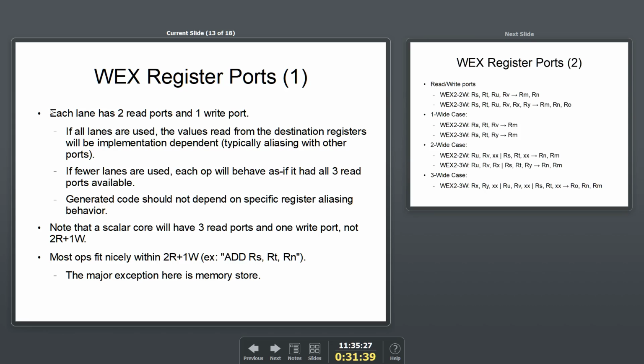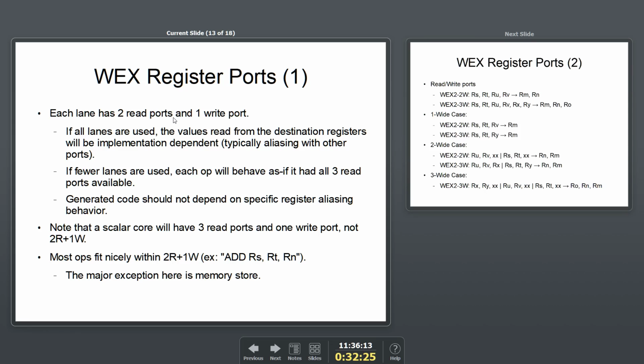Register ports. Each lane has 2 read ports and a write port. But as noted, a lot of instructions have 3 registers, and some instructions can read from all 3 registers. So this is a special case. If all lanes are used, the values read from the source registers will be implementation dependent and will typically alias with other register ports, because each lane only has 2 dedicated ports.